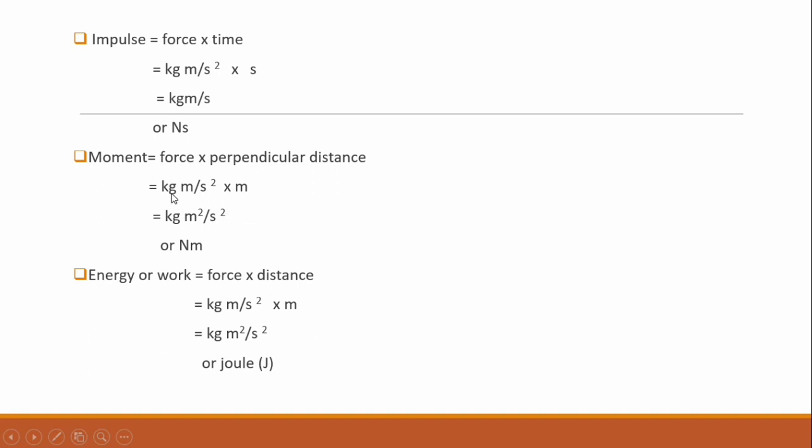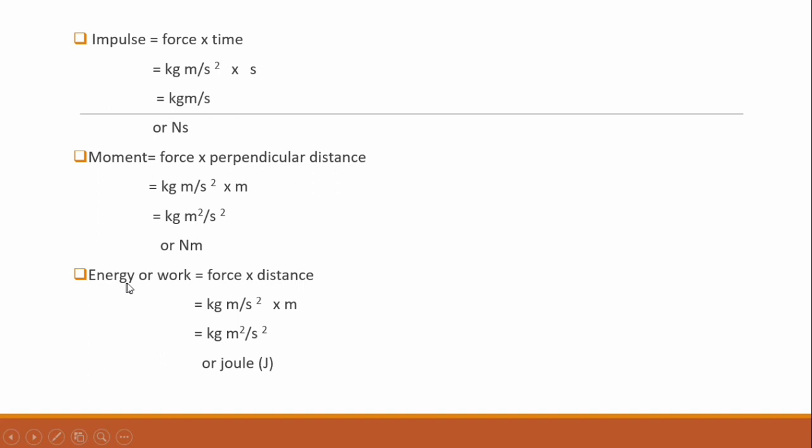And we know that force is also in Newton, and perpendicular distance is in meter. So moment can be in kg meter square per second square or Newton meter.